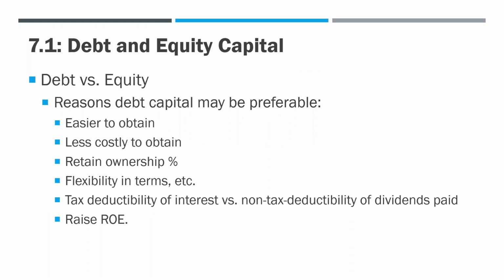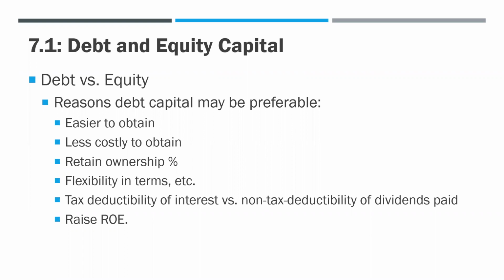So page 122 to about the top of page 125 was a little discussion of debt versus equity financing and what happens to the return on equity if a company uses debt capital or equity capital or a mixture of both. So the reasons that debt capital might be a preferable form of financing a business versus equity.